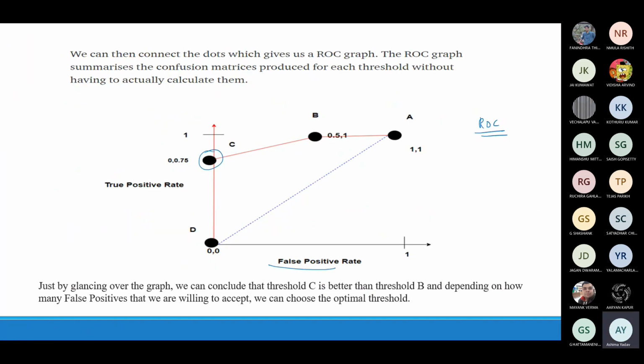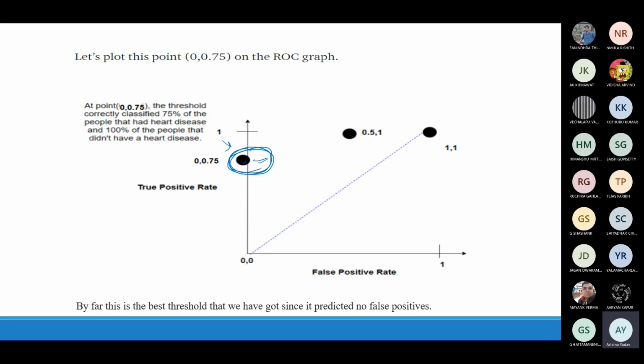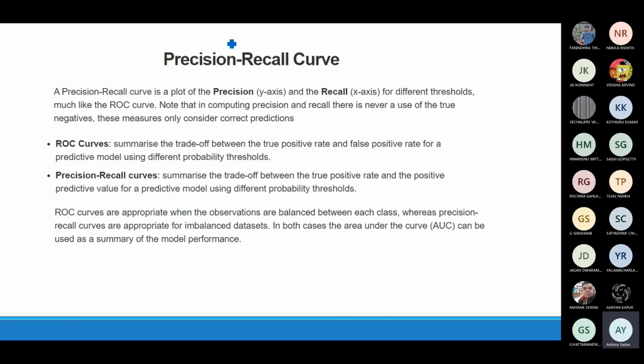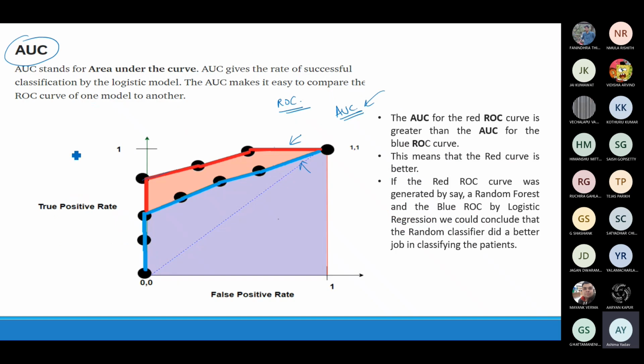Now, as with the ROC curves we discussed, we also have the precision recall curves. I won't go into so much detail with them. The ROC curves use the true positive rate and the false positive rate.